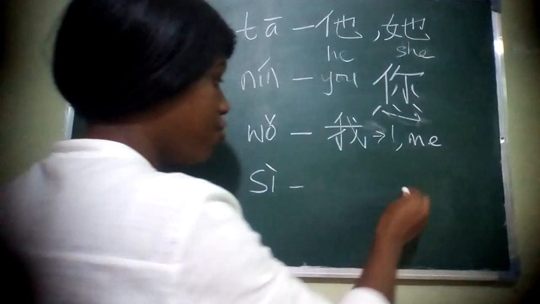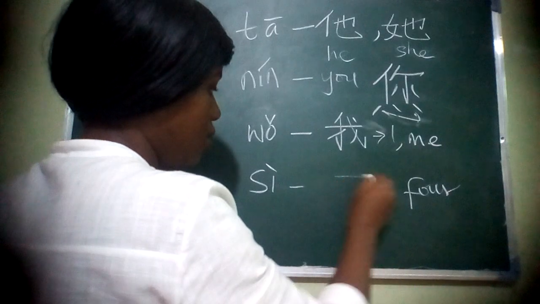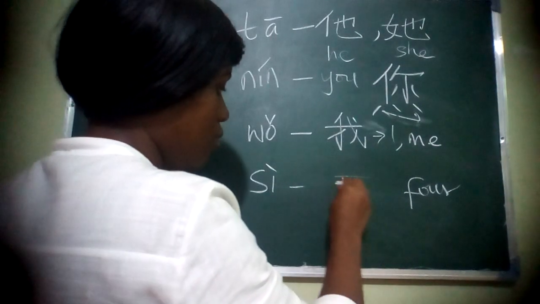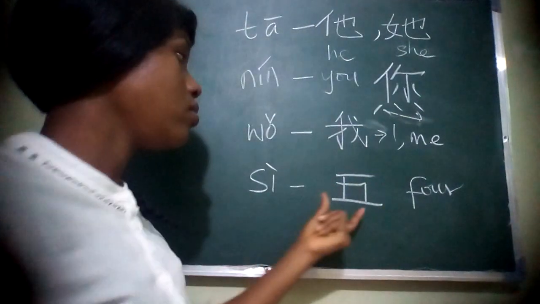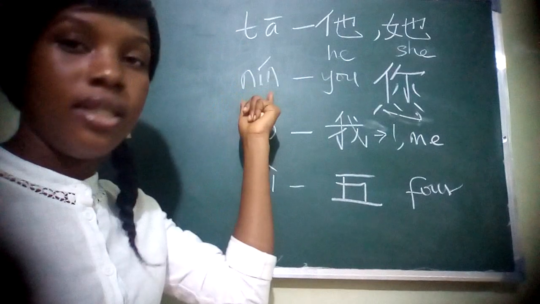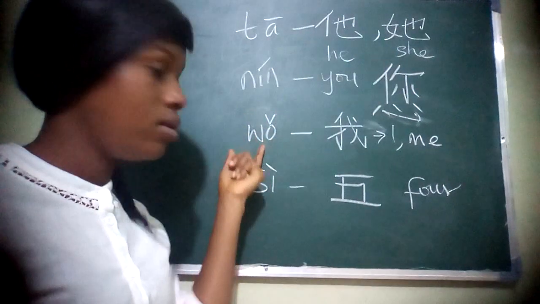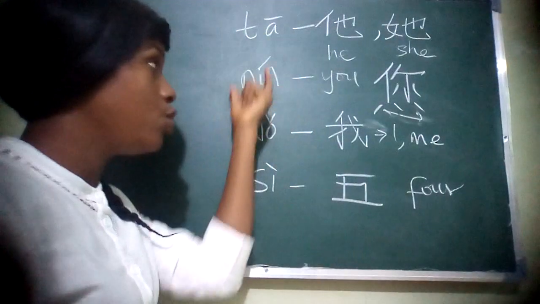This is the number 4, and we have it as this. So this is ta, nin, wo, si. So these are the different words that have those 4 tones.